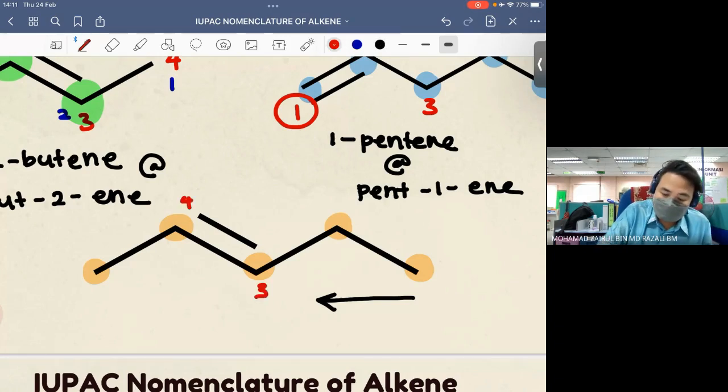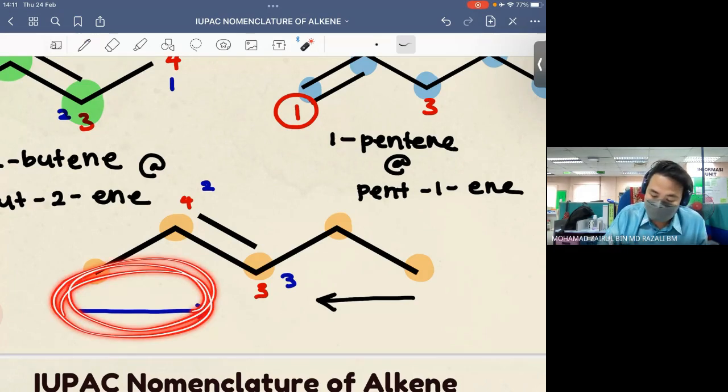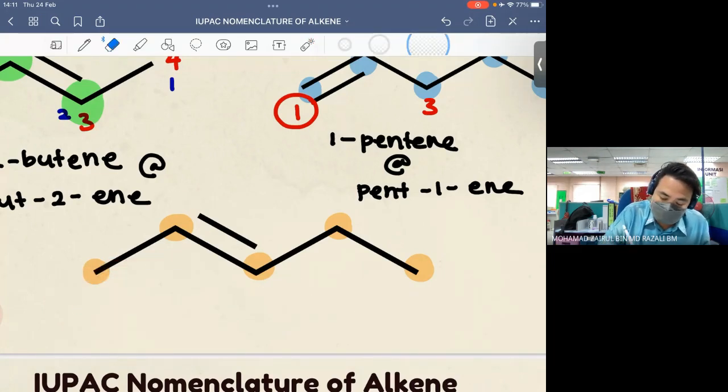Okay, tapi kalau saya start kira dari belah sini, double bond tu akan dapat nombor 2 dengan nombor 3. So kita kena make sure double bond tu akan start from the lowest possible number. So kita akan start numbering from this direction lah. Kita akan start number 1 dari sini. So this one is number 1, 2, 3, 4, 5.